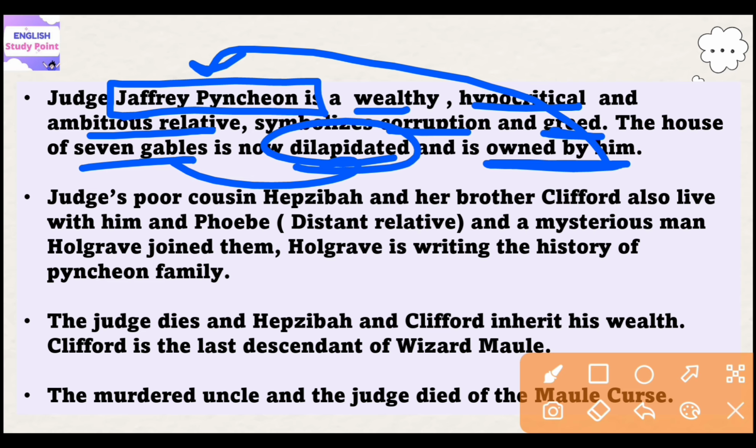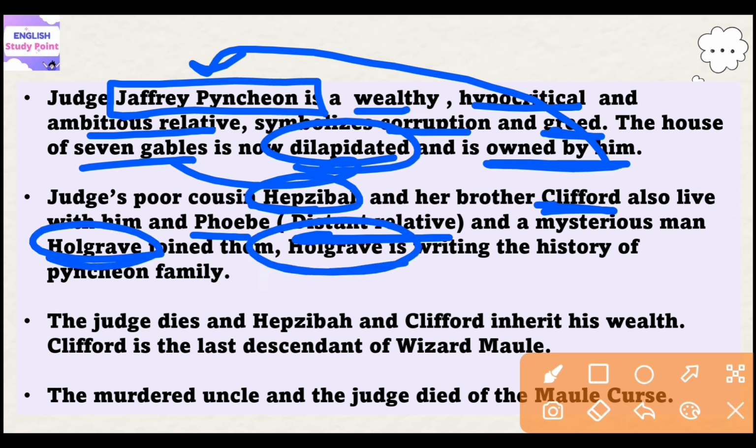Then the judge's poor cousin Hepzibah and her brother Clifford also started living at this particular mansion, with two other characters also joining. Their names are Phoebe, who is considered a distant relative, and a mysterious man, Holgrave.